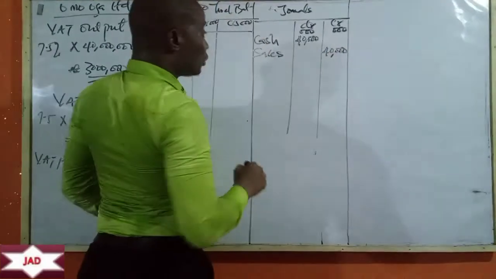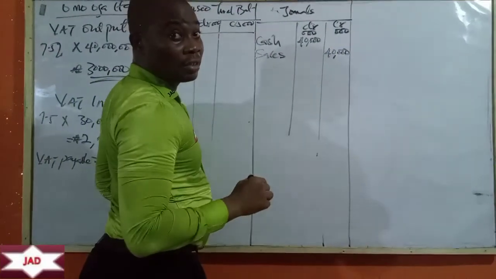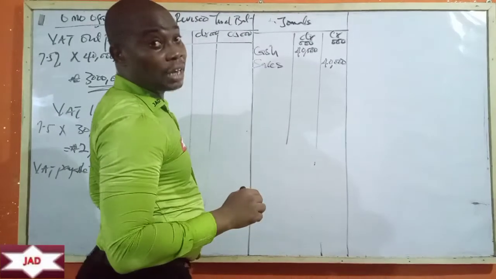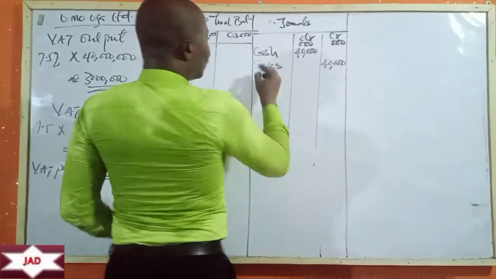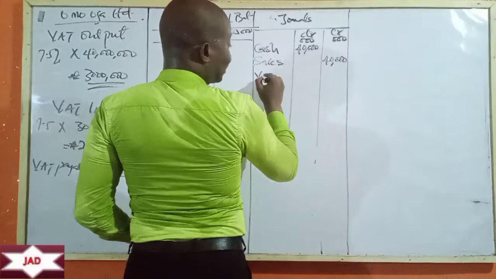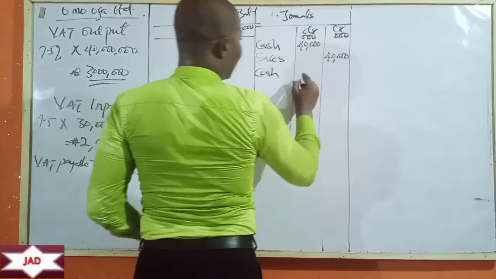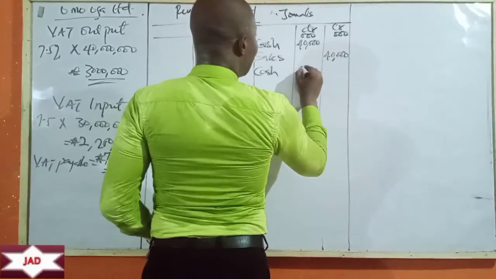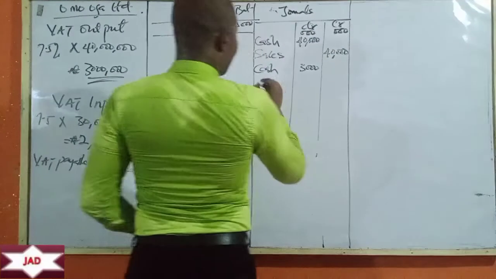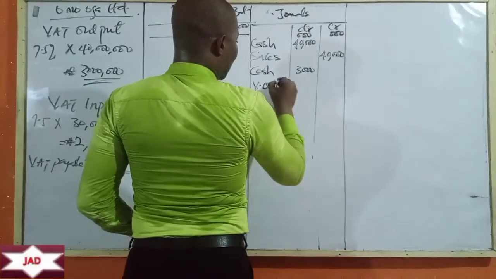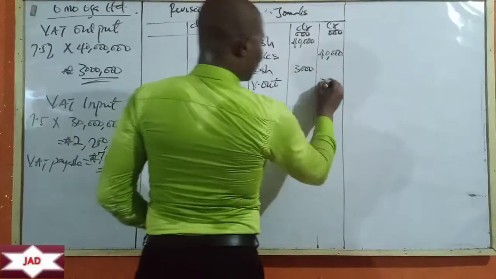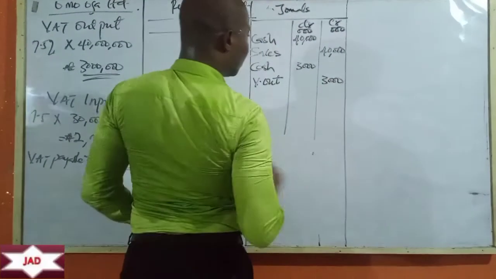Remember you charged VAT, what we call VAT output. So you debit cash, because you're going to collect money for that. The VAT on it is 3 million, which is 3,000 here. So we have VAT output or VAT liability, that will be 3,000, right?